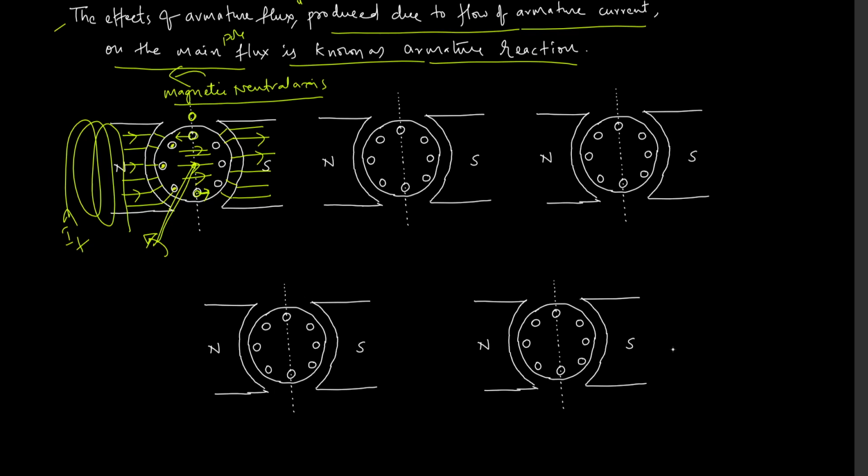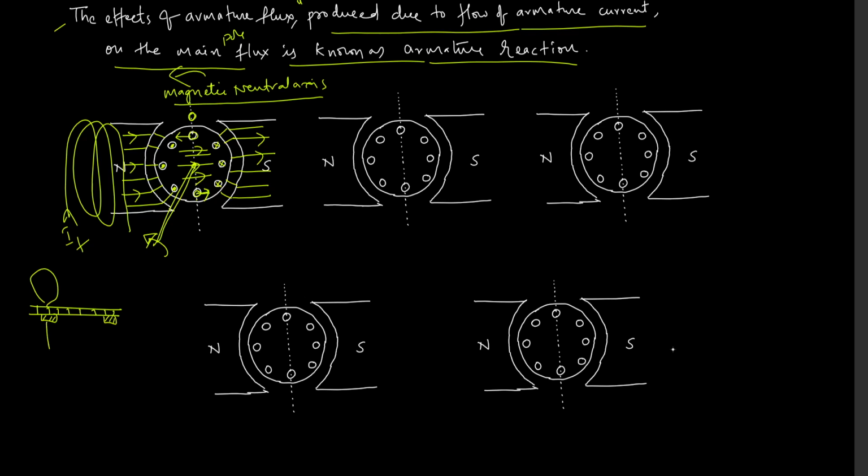We have already discussed this in the first classes. The directions of the EMFs will be dots here and crosses here, and there is no EMF in the conductors on the magnetic neutral axis. The coils are connected to the commutator, and the brushes collect the EMFs.